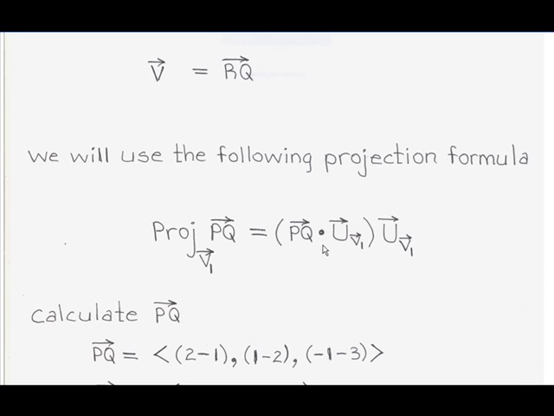Recall that this dot product produces a scalar quantity. Once we do the dot product and generate that scalar quantity, that scalar quantity is going to be used to scale the unit vector of vector V1, to either enlarge it or to reduce it.